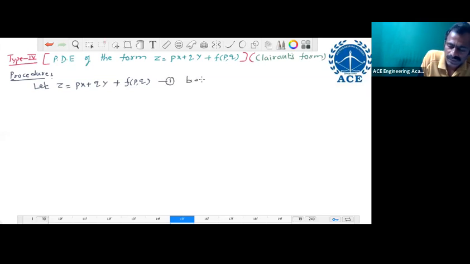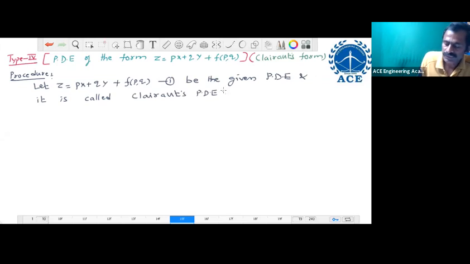So this one be the given partial differential equation, and it is called Clairaut's equation or Clairaut's partial differential equation.